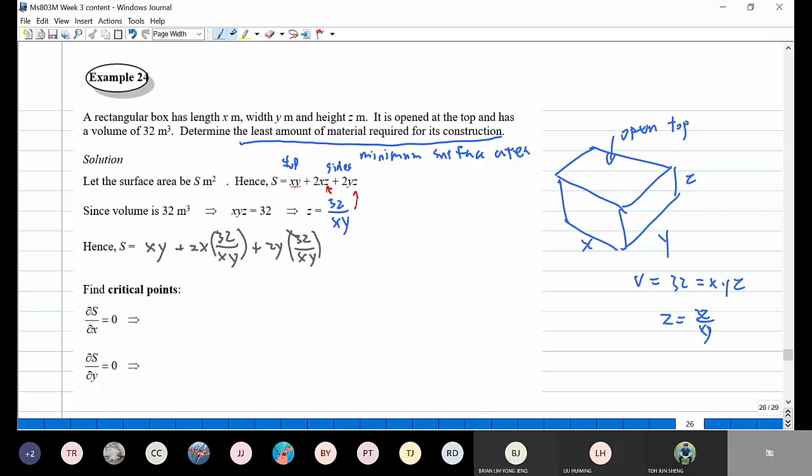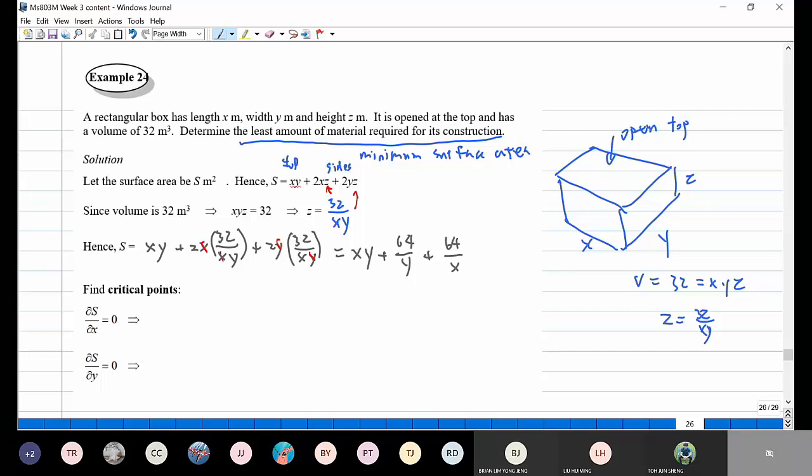So the y cancels, and then the x cancels here. So I'll give you xy plus 64 over y plus 64 over x.